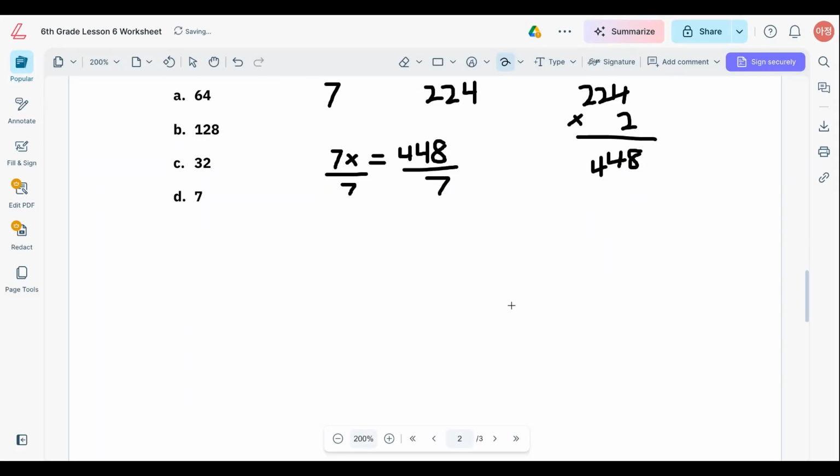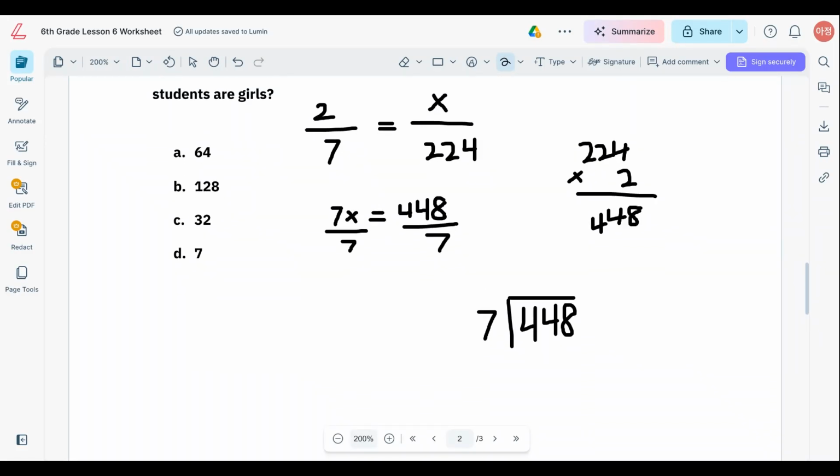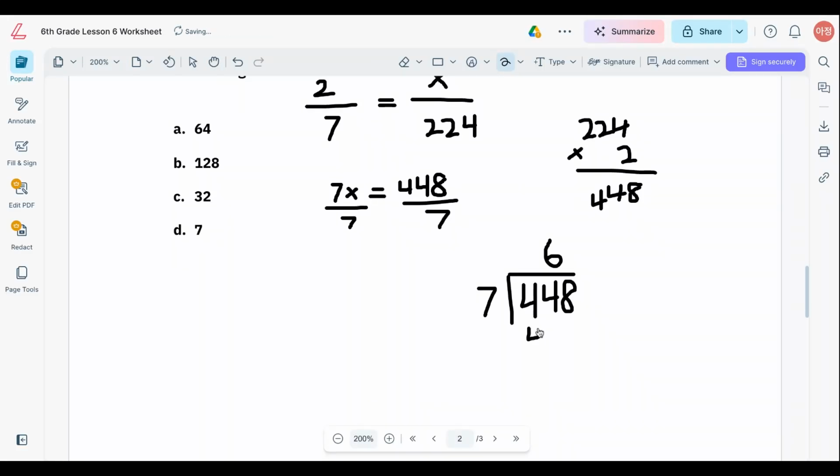So we'll do 448 divided by 7. So 7 does not go into 4, but it does go into 44. How many times? 7, 6 times. And so that's 42. Subtract it.